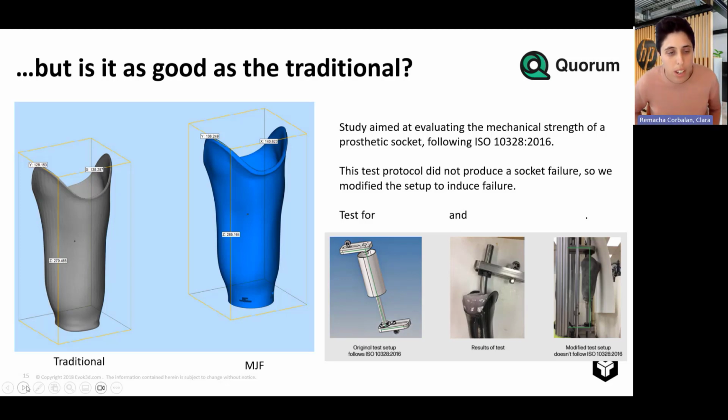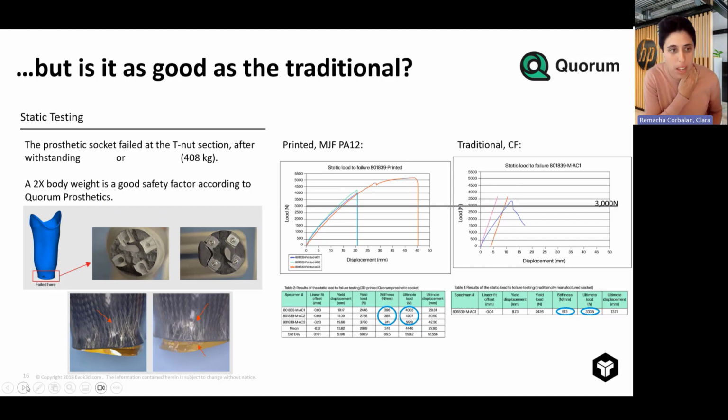So if we go to the next slide, when we did the extreme testing, here you can see the results. The left graph is the MJF socket. The right graph is the traditional carbon fiber socket. I added the line so that you are able to compare both graphs at the 3,000 newtons force.